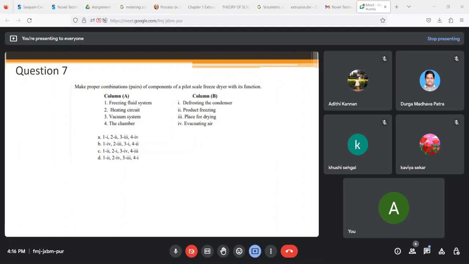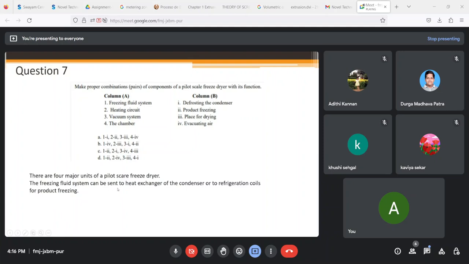It will basically be a coolant kind of fluid that will freeze the product. Despite this, it is preferred that you pre-freeze the product and then place it inside the freeze dryer. But still the freezing fluid system will ensure that your product is completely frozen at all times. So the freezing fluid system is important for product freezing.